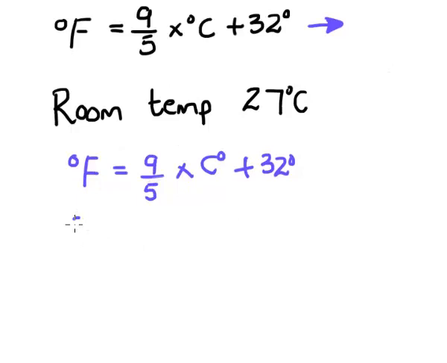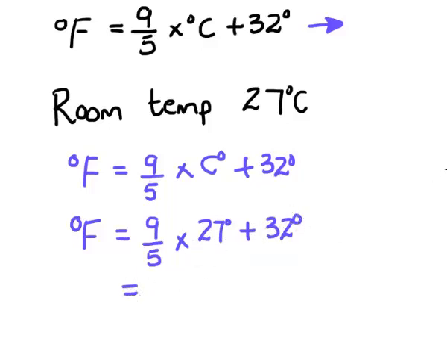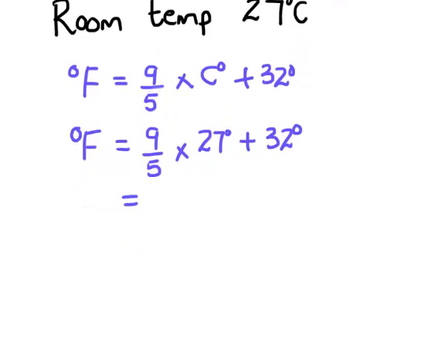Okay, so now we're going to say degrees Fahrenheit is 9/5, and we are going to substitute our 27 degrees in there plus 32. And we can do this whole calculation in one step on our calculator.